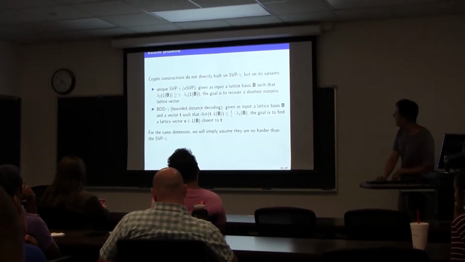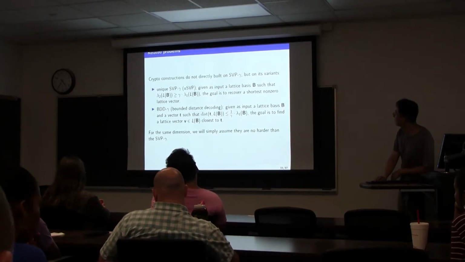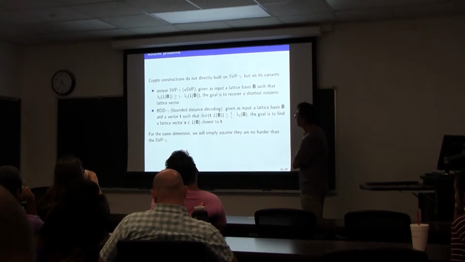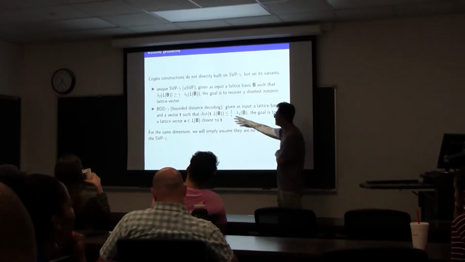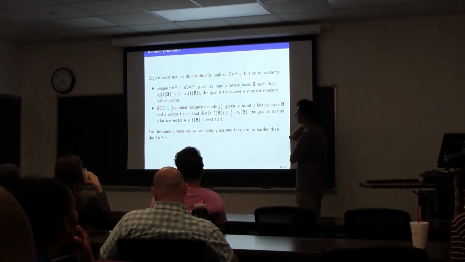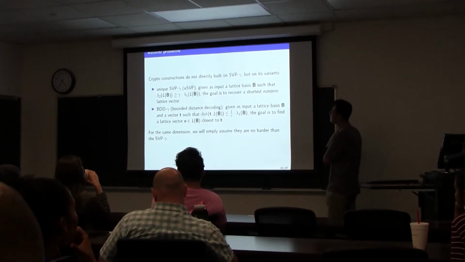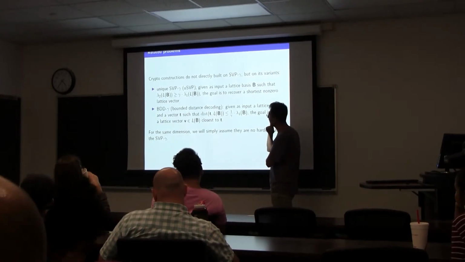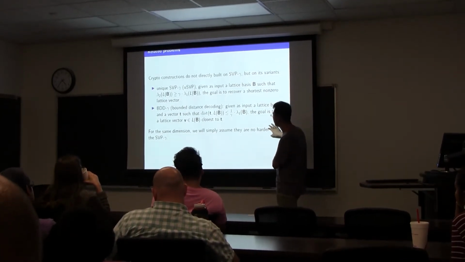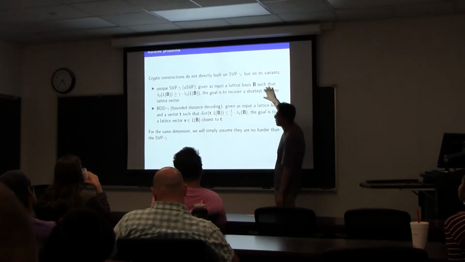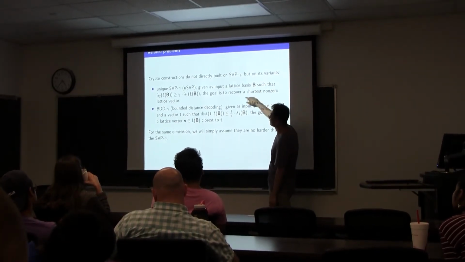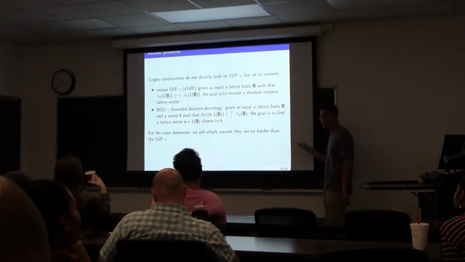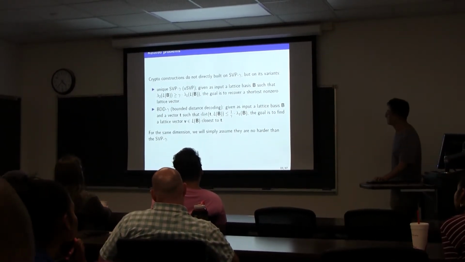And there are two related problems that we are going to use later. The first one is called unique SVP gamma, and the second one is called BDD gamma. But I'm not going to describe the detailed definitions because there are lots of definitions already. We will simply assume that these two problems, unique SVP with parameter gamma and BDD gamma, are no harder than the SVP gamma problem that I introduced before.